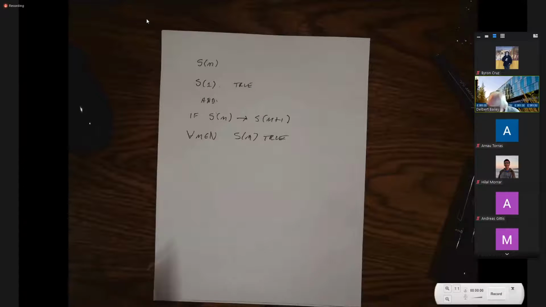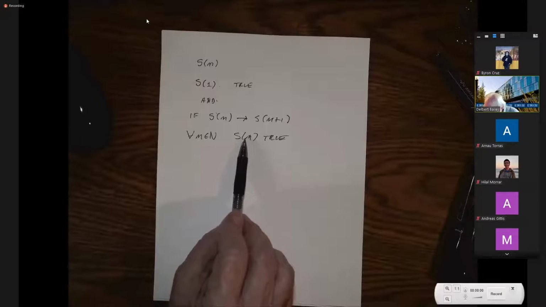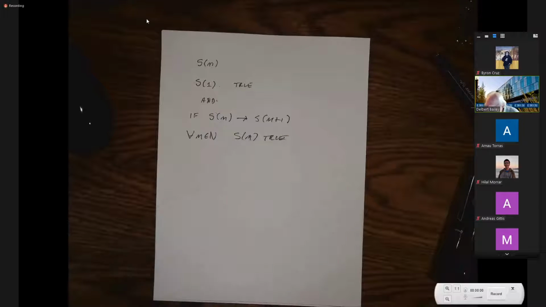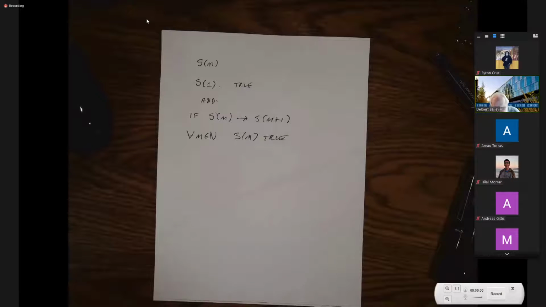So if we've shown these steps in doing an inductive proof, it's certainly true that given any number, we could use that scheme to prove it for that number. Any questions on that?